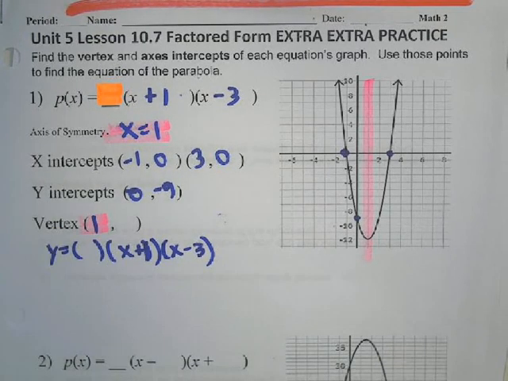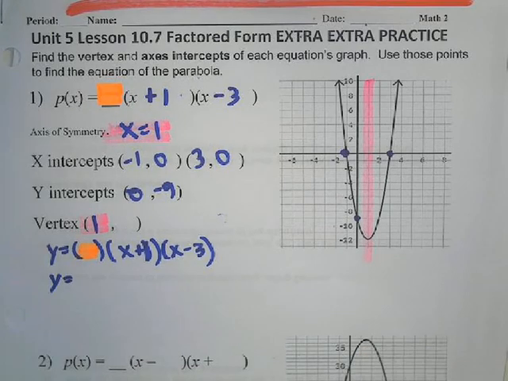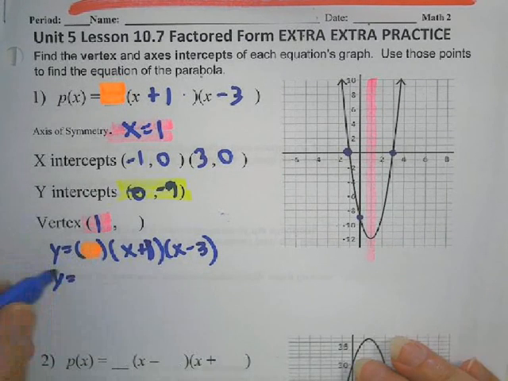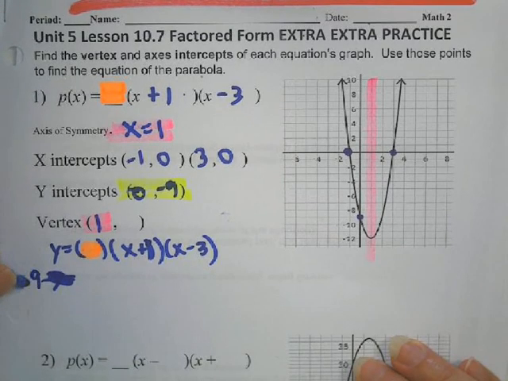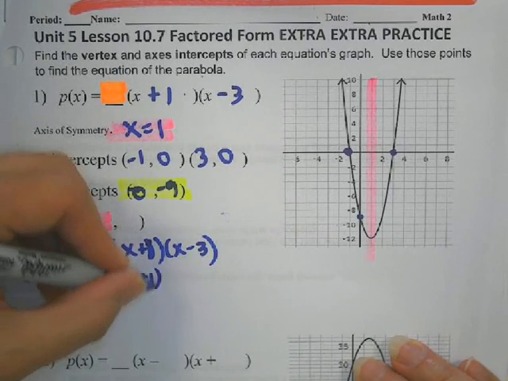To figure out the orange value here, let's use the y-intercept like we did in the last paper. We're going to plug in 0 for x and -9 for y. So we've got -9 equals something times 0 plus 1 times 0 minus 3.